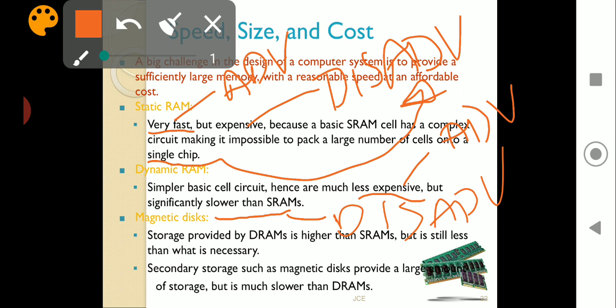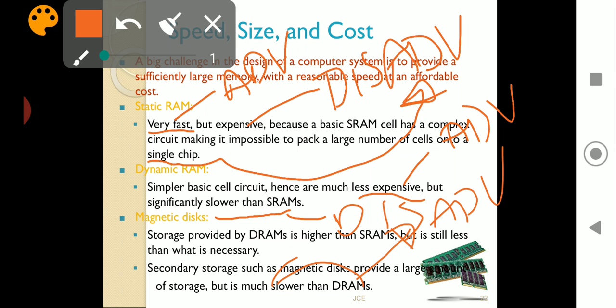Therefore, we have magnetic disks, n number of magnetic disks are there, like your Seagate and all those things. They provide a very large amount of storage, but they are slower than DRAMs. So this becomes one more disadvantage, right?